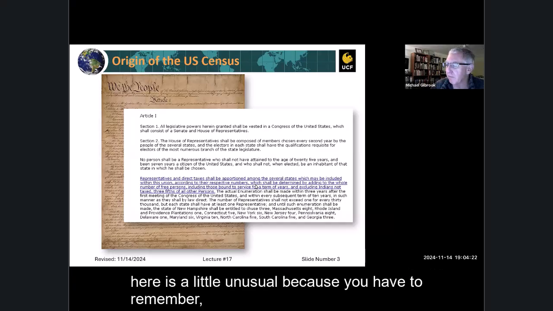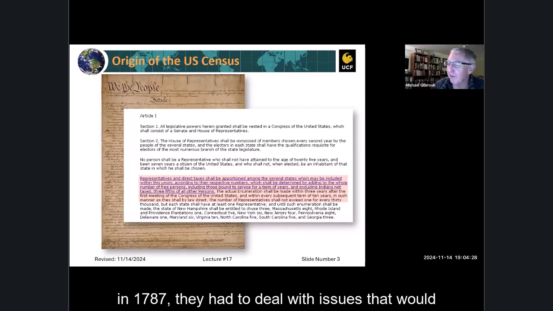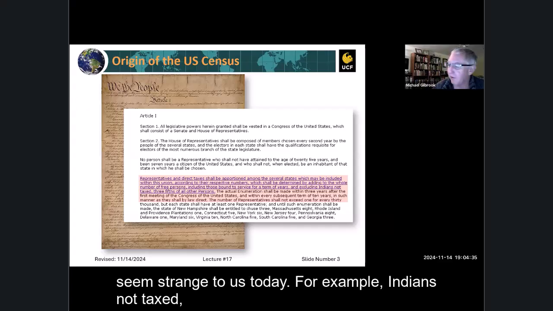Now, the language here is a little unusual, because you have to remember in 1787 they had to deal with issues that would seem strange to us today. For example, Indians not taxed.